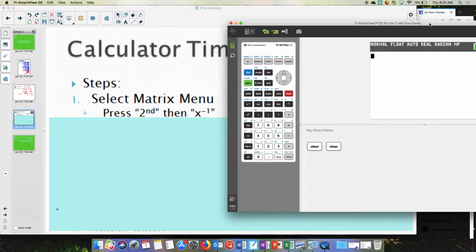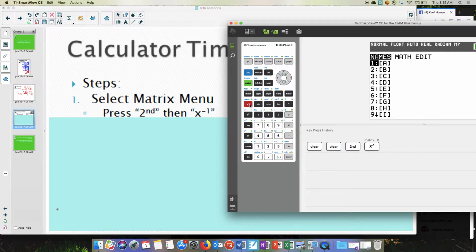Okay. So, do you see the second button? Press it. And then this button right here, do you see how it says matrix above it? Hit it. That's your matrix menu. Second matrix, you're going to make that keystroke a lot.